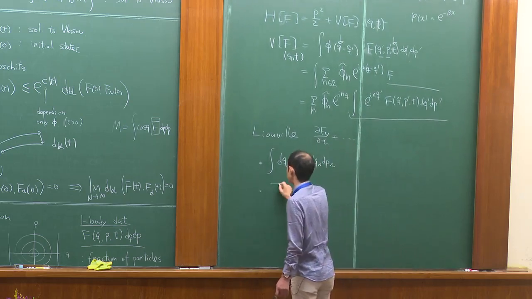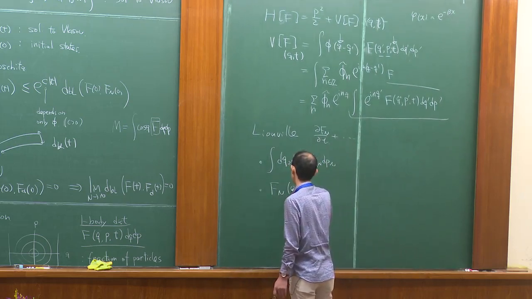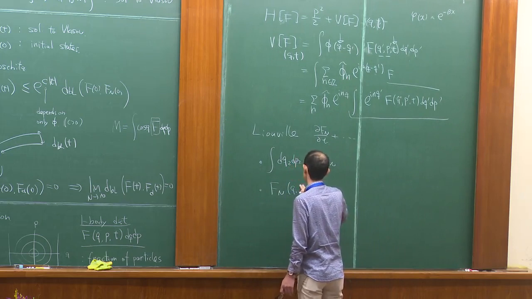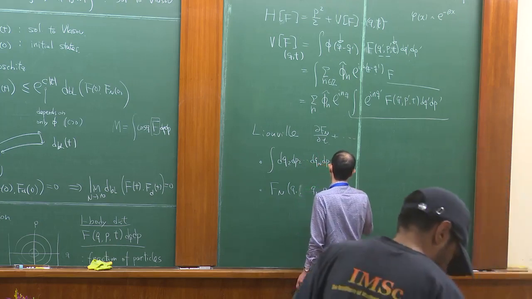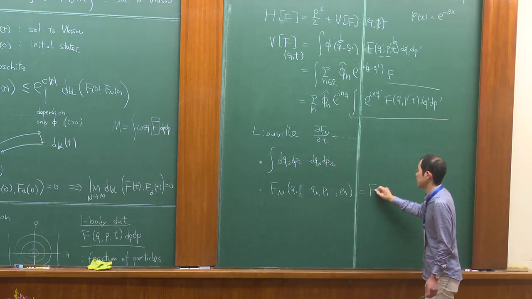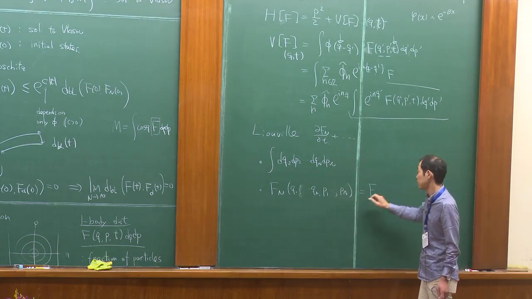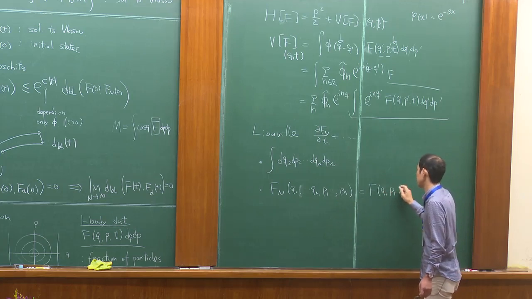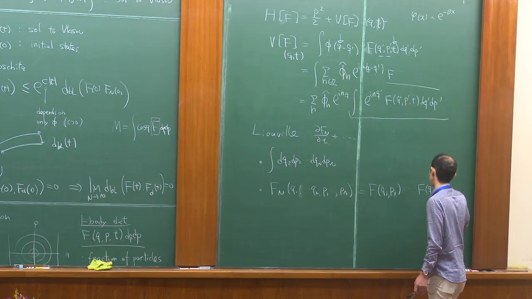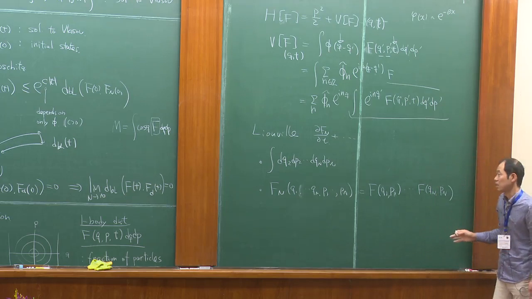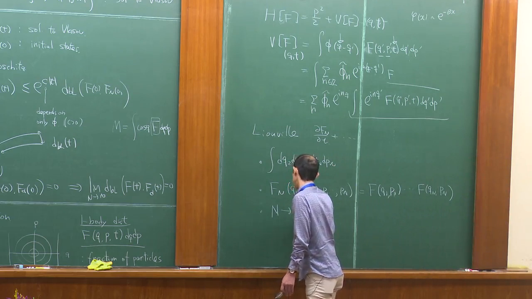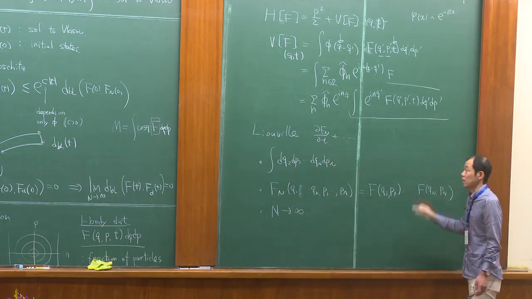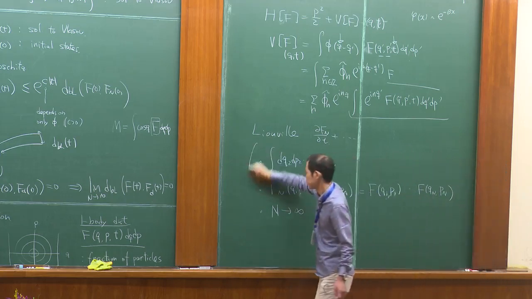And then this one is the important part: if we set this n-body distribution like this, which is just an assumption, and then we take the dynamical limit, after that we get the Vlasov equation.